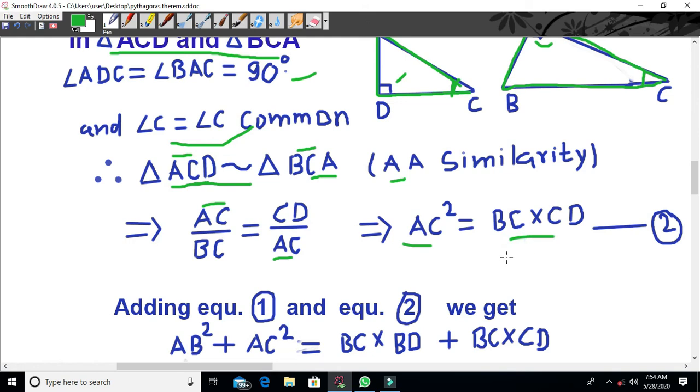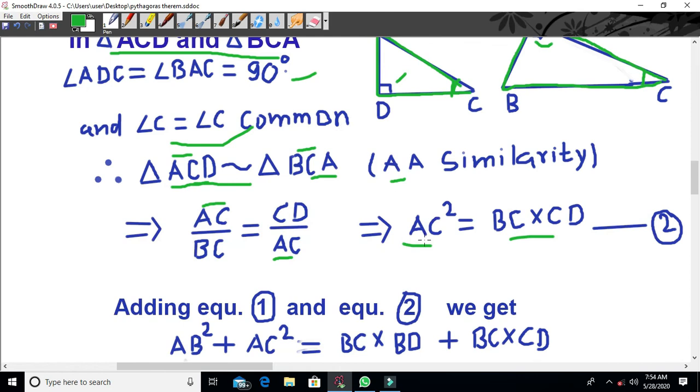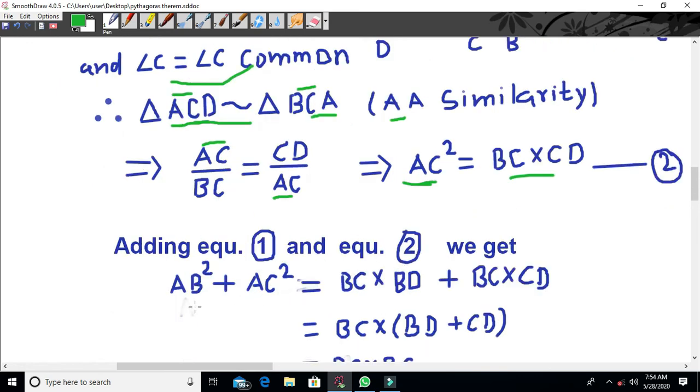Equation 1 is AB square is equal to BC multiplied by BD, and equation 2 is AC square is equal to BC into CD. Add both. So we get AB square plus AC square is equal to BC into BD plus BC into CD. BC is common, so take it out, and inside we have BD and CD. Now see the figure.